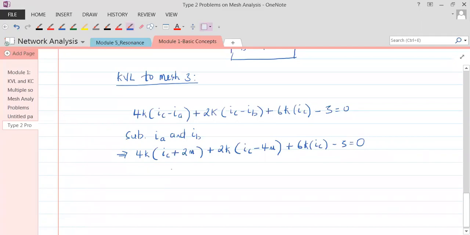Anybody, if you can calculate that. After calculation, you'll get your IC to be 0.25 milliamps.